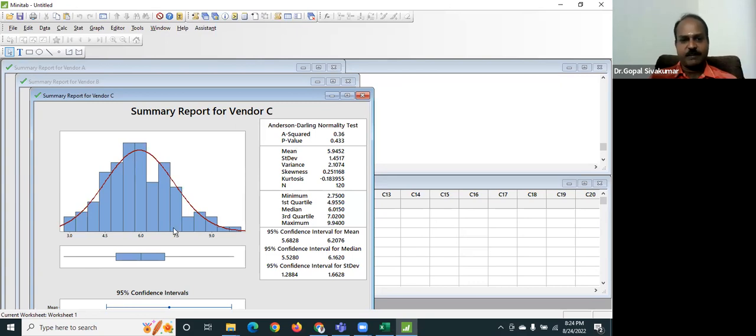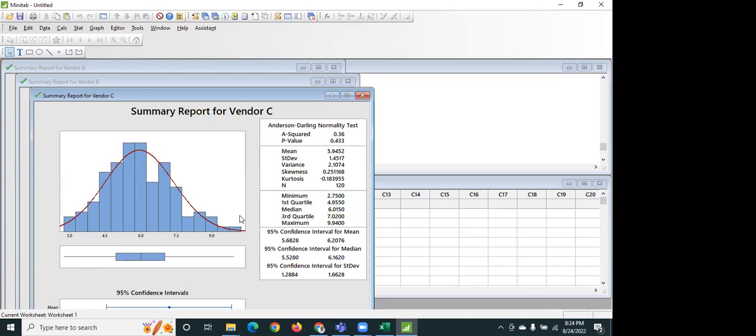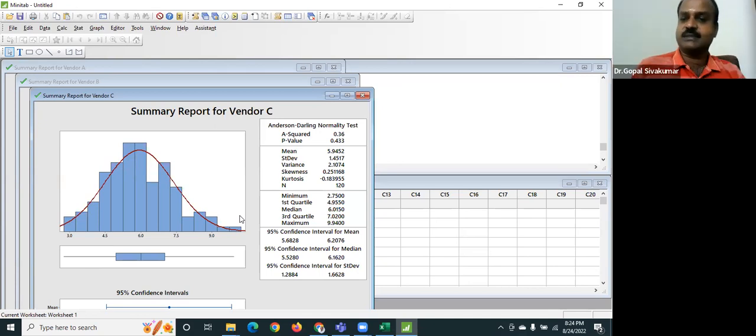Now looking at the histogram, tell me whether the data is normally distributed or not. You have to depend on your eye power. Look at the graph carefully and tell me whether it looks bell-shaped or not. Manikandan says no. How about others? Somasundar says no. Roshan says yes.